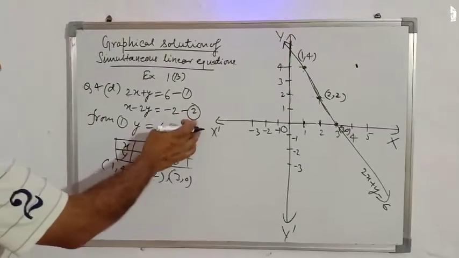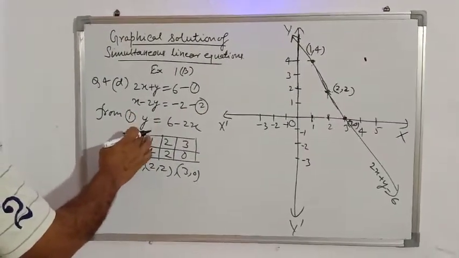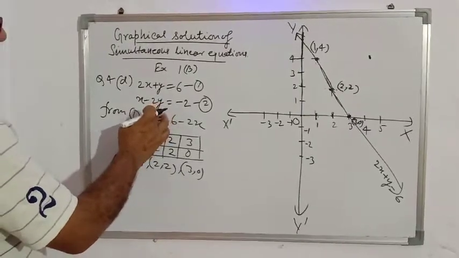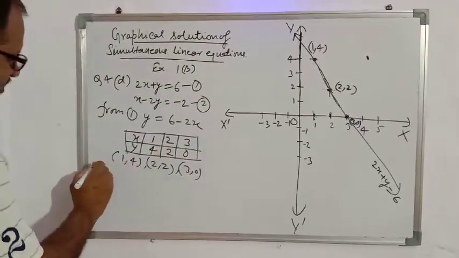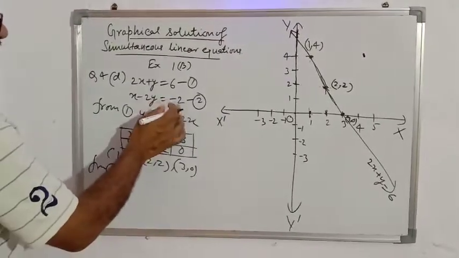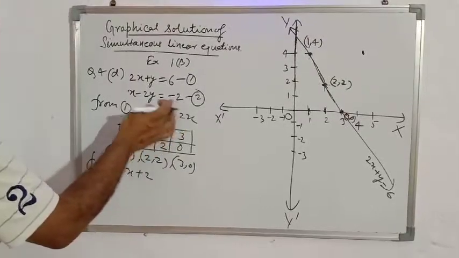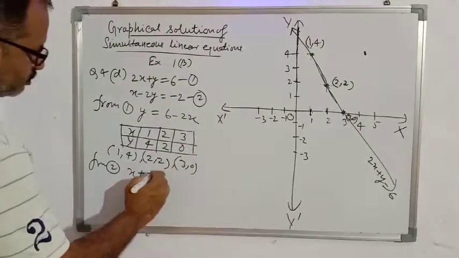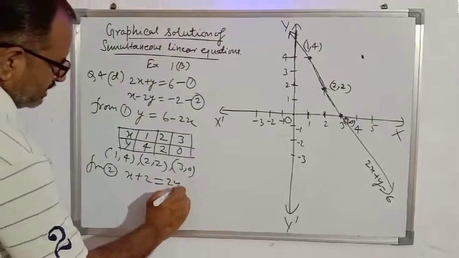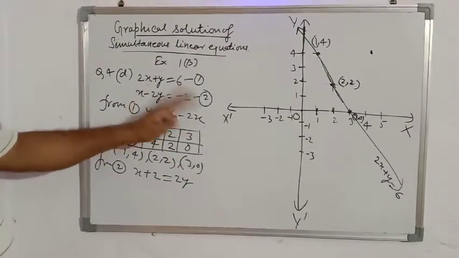Again, from the second equation, we will make y the subject, that is, express y in terms of x. From the second equation, transpose to the left side: x plus 2, transposing minus 2 to the left side, and 2y goes to the right side. So x plus 2 is equal to 2y.